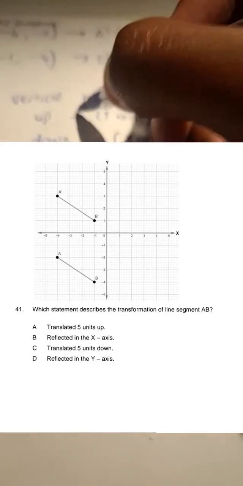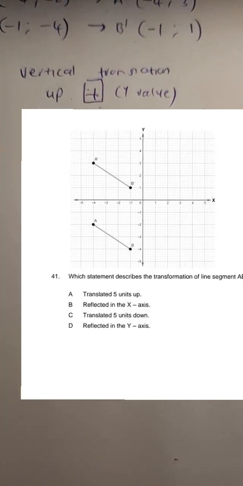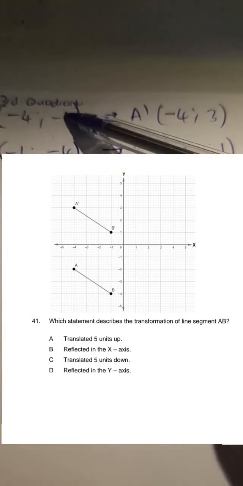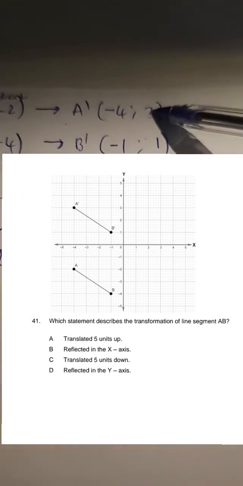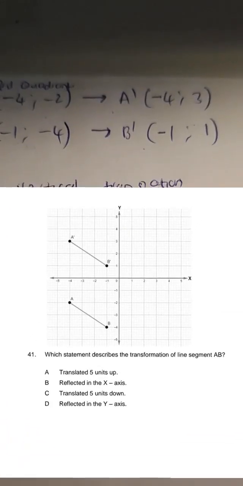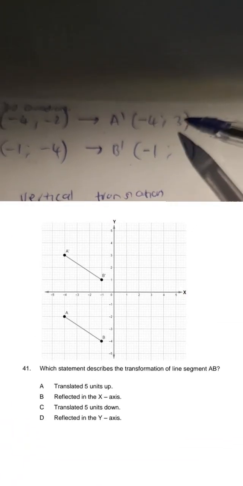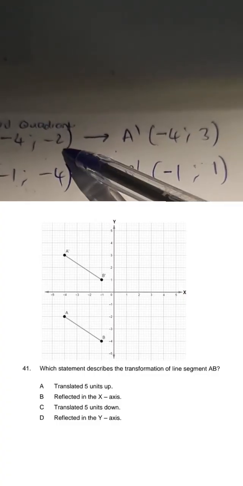If it moved up, what did we add to the coordinate of A in order for it to be transformed? Let's look at the y coordinate of A compared to the y coordinate of the changed A. From -2 to 3, how many units did we add to -2 to get 3?